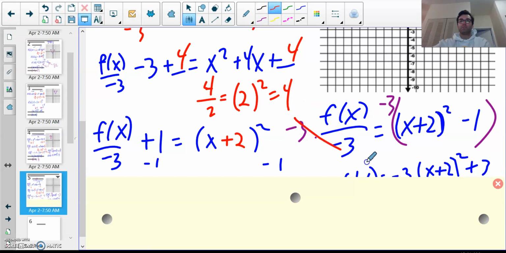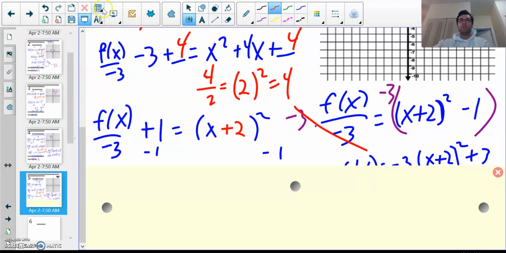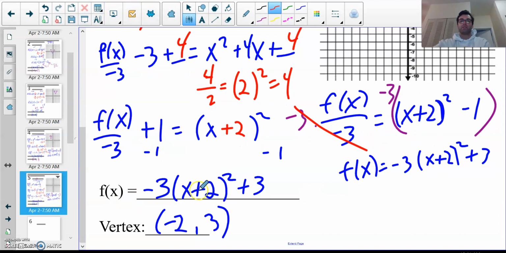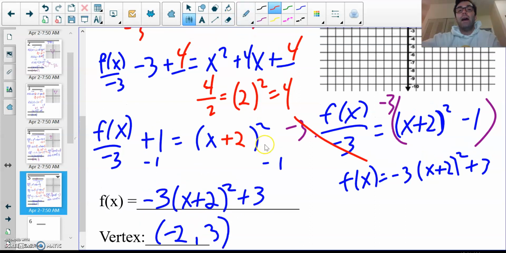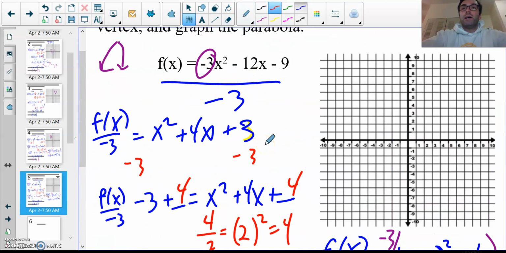These two cancel each other out, so I'm left with negative 3 times x plus 2 squared plus 3. Remember, this is negative 2, positive 3 as my vertex. Negative 2, positive 3 is right here. And like I said at the beginning of this problem, it must open down like that.